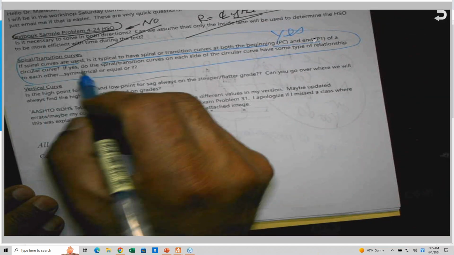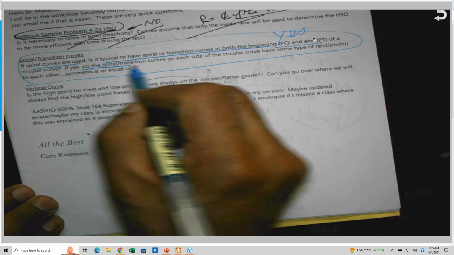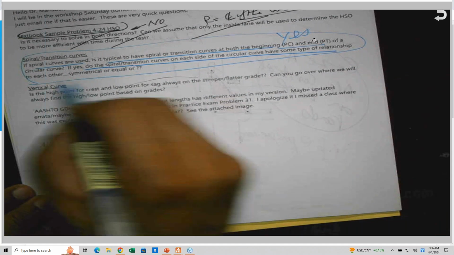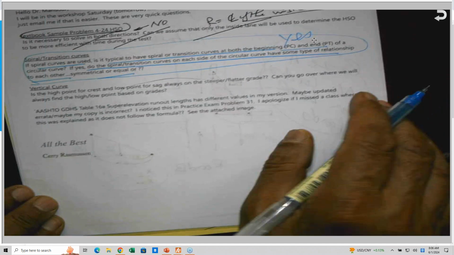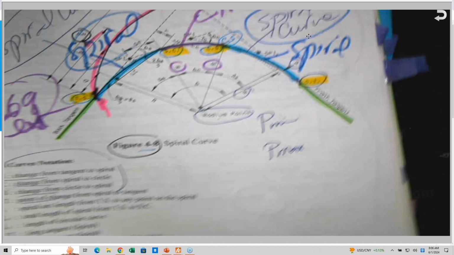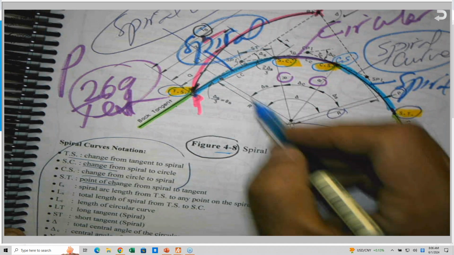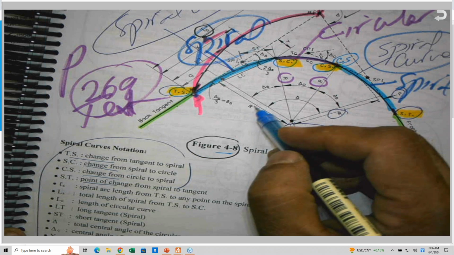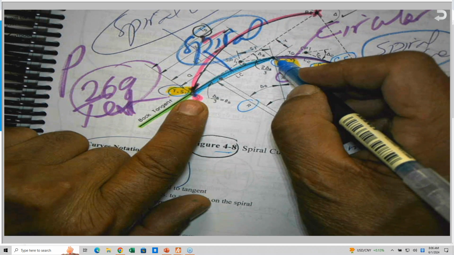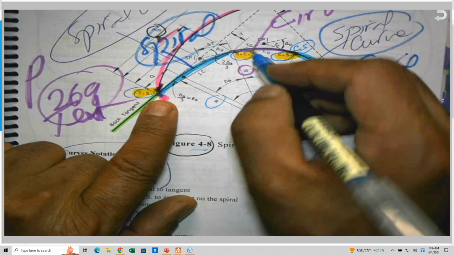Does the spiral transition curve on each side of the circular curve have the same length? Yes, that's correct. This R here is the radius of the circular curve, but the spiral has a radius that changes from infinity all the way to where the radius of the spiral and the radius of the circular curve are equal.